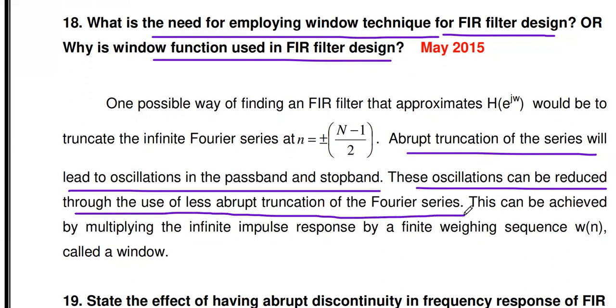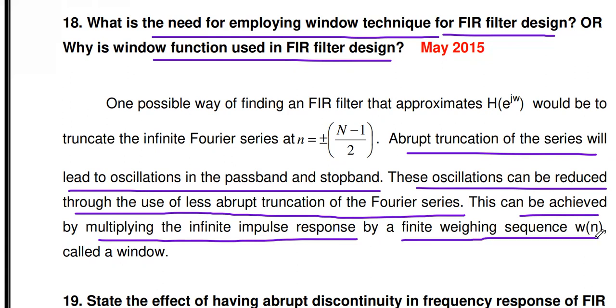So instead of truncating abruptly, we have to multiply the HD of n with a windowing function. This can be achieved by multiplying the infinite impulse response HD of n by a finite weighting function, that is the windowing function W of n, called the window.